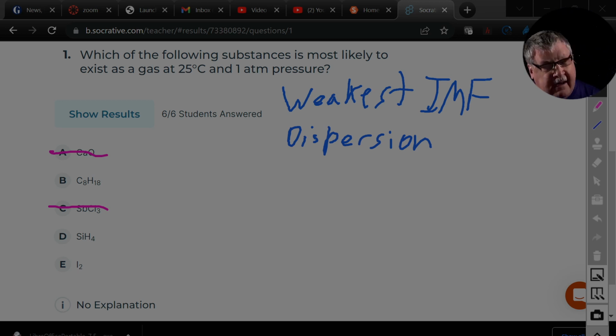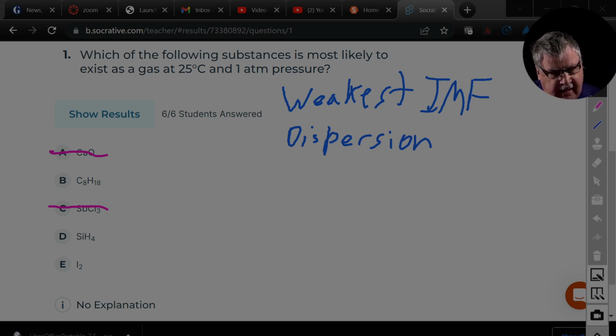How do we decide, if dispersion forces are dominant, which one is going to be weakest? If dispersion forces are the dominant intermolecular force, then how do I judge which of these three possibilities is going to have the lowest melting point? I would have to look at molar masses.